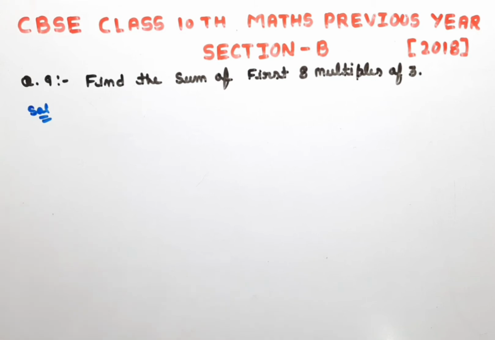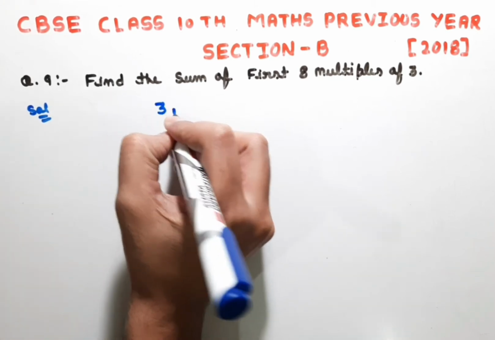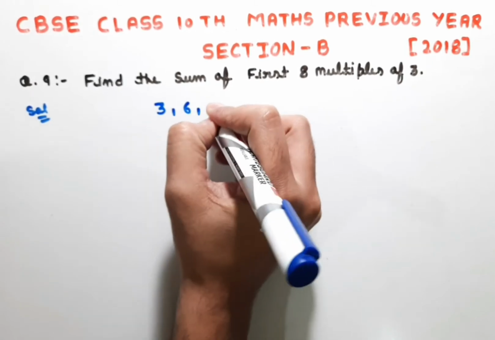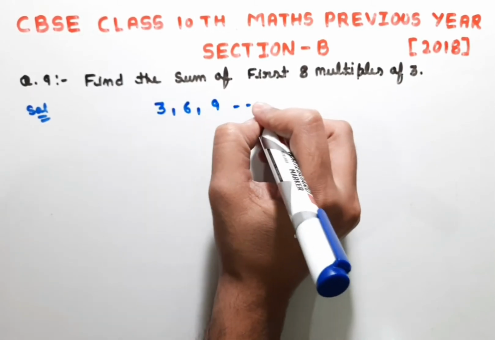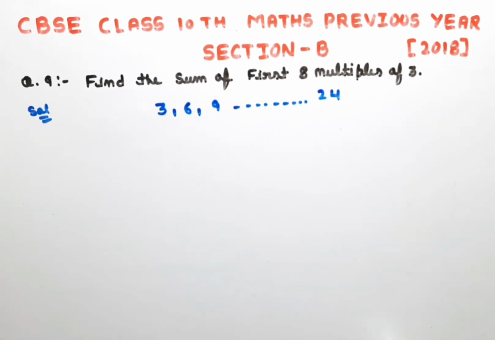First 8 multiples of 3 will be 3, 6, 9 and at last 24. We have to find the sum of these 8 multiples.